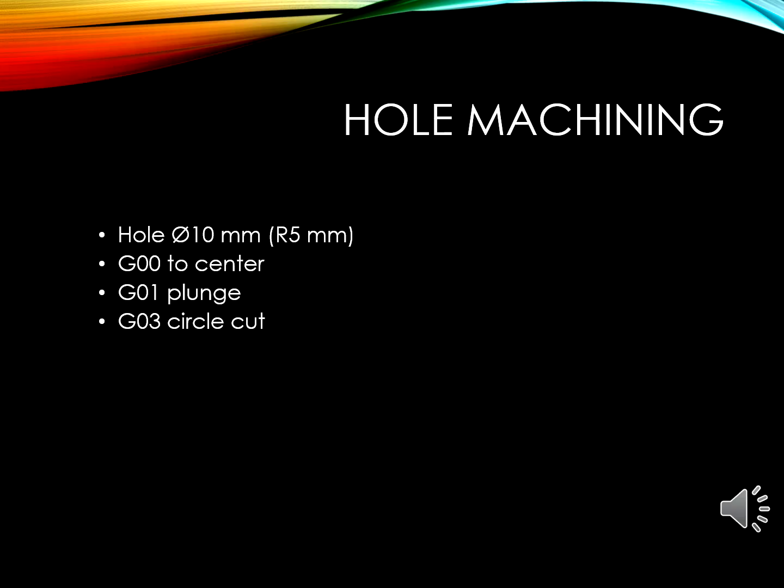Then, we use a circular interpolation command, either G02 clockwise or G03 counterclockwise, to cut the hole. Because we cut in layers, we will repeat this circular motion several times until we reach the final depth of -10 mm.